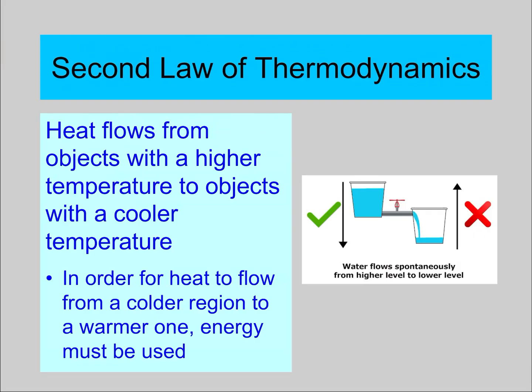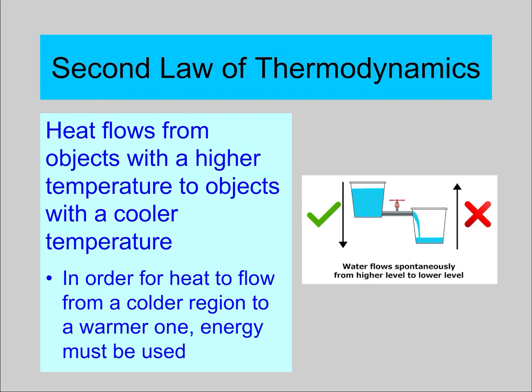Now, the second law of thermodynamics is going to be familiar to us. It's the natural flow of energy, which is that heat flows from something with a higher temperature to objects with a cooler temperature. And in order for the heat to flow the opposite direction, it requires energy. So the best way to think about this is thinking about what happens to water. Water flows downhill from a higher to a lower point. It does not flow uphill.